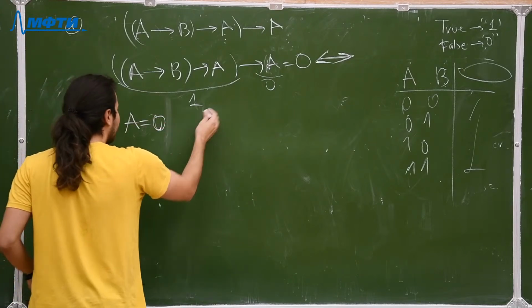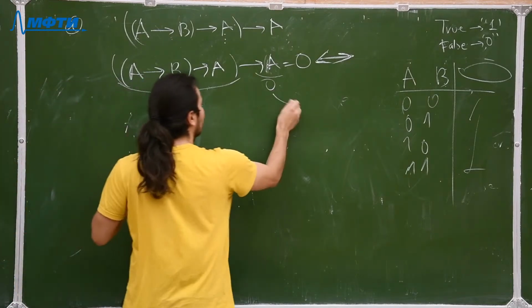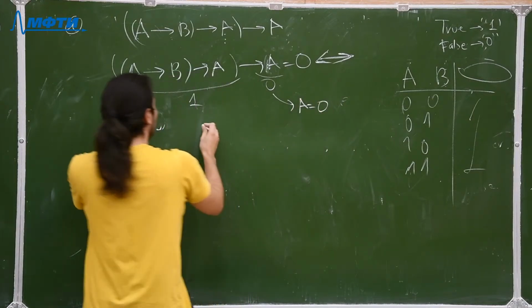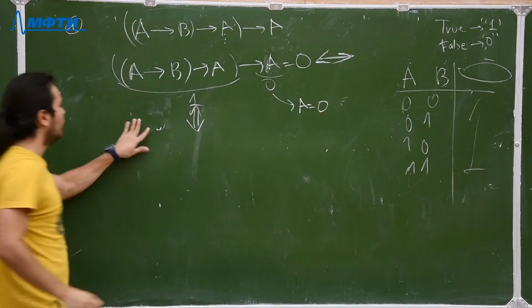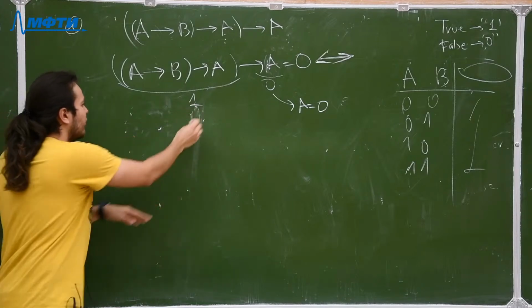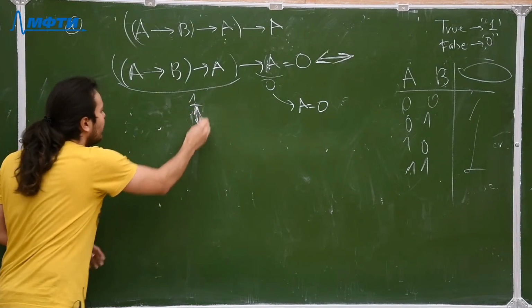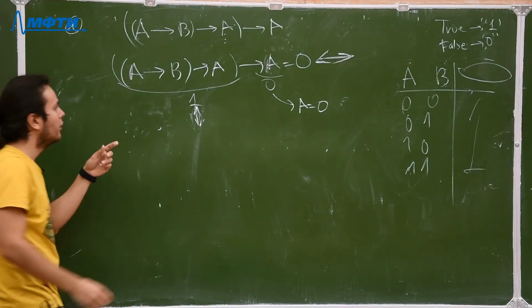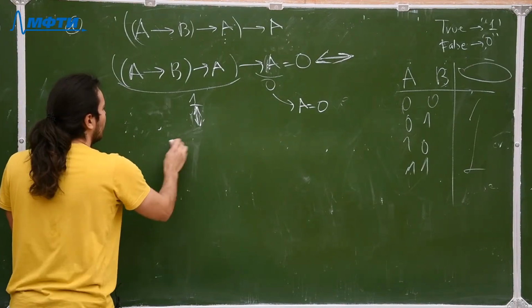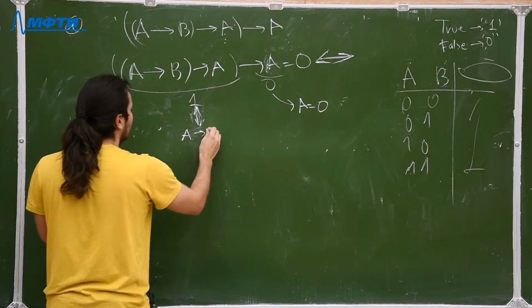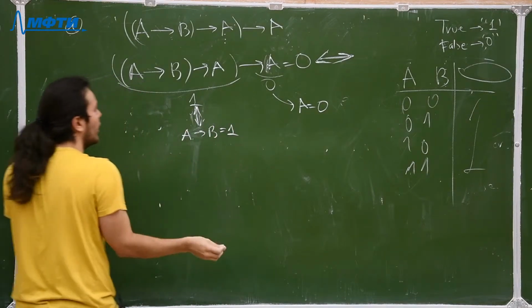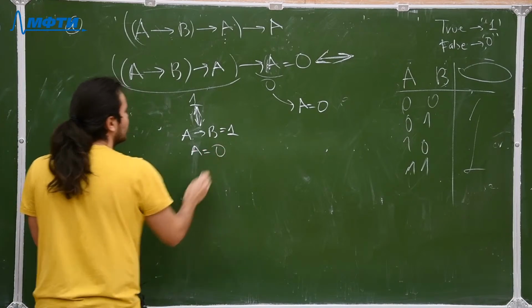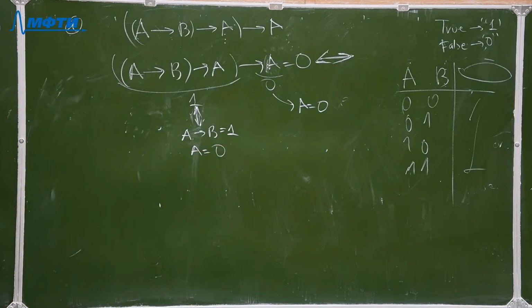If and only if, so let's write. No, if and only if not, but yes, if and only if it is 1 and A is 0. Yes?